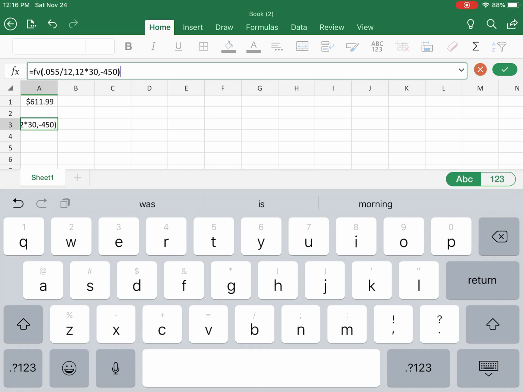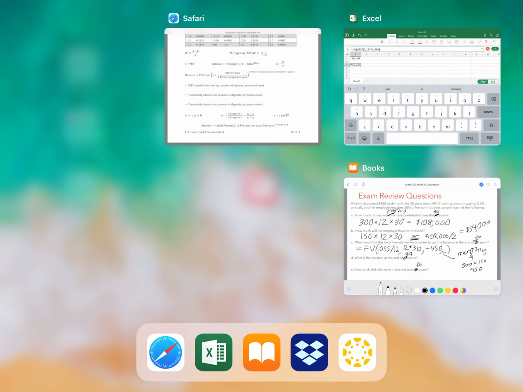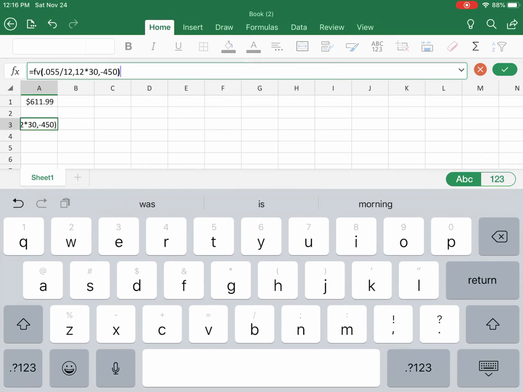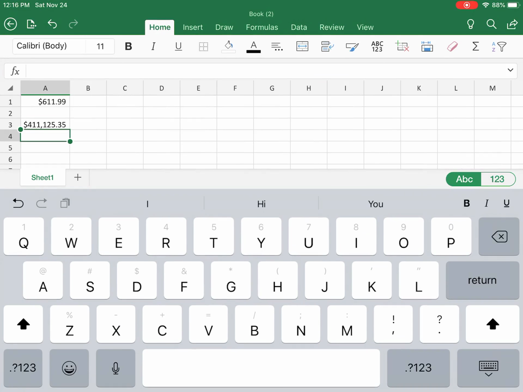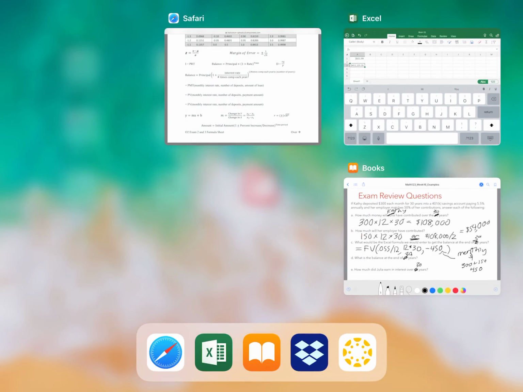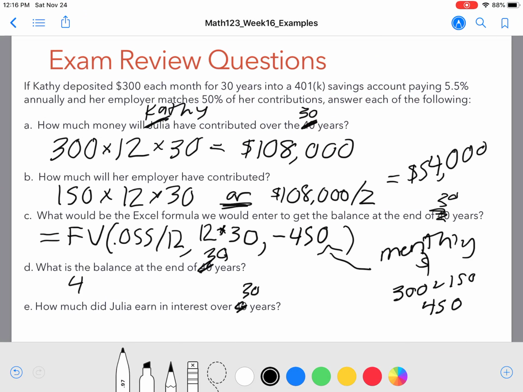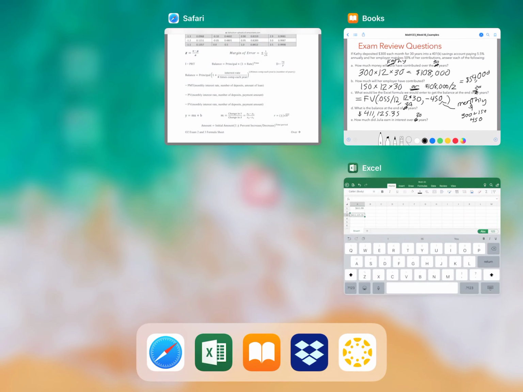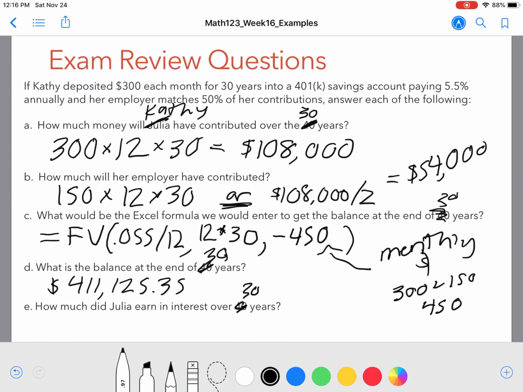And then let me just check this: 5.5, 30 years, 450. Okay, that looks good. Hit enter, and we should get $411,125.35. Check that. Yep, okay.